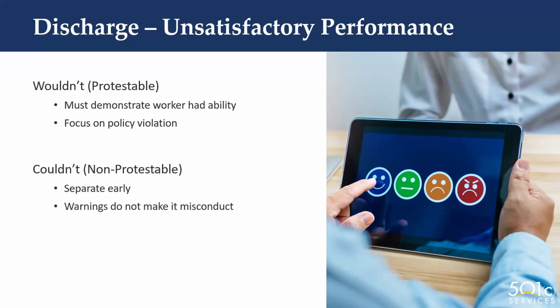And so let me give you a specific example of a scenario where in one situation it would be deemed couldn't or inability, right? They're going to be eligible versus misconduct and ineligible. So let's say you hire somebody and part of their job is driving a company vehicle, and you have a policy stating like a certain number of accidents is going to result in termination.